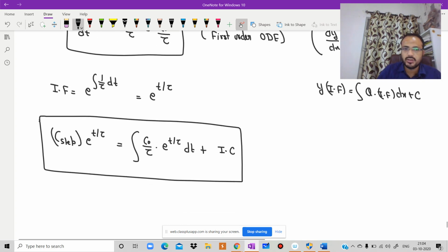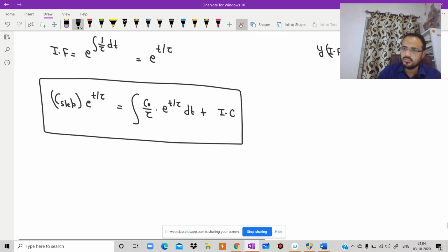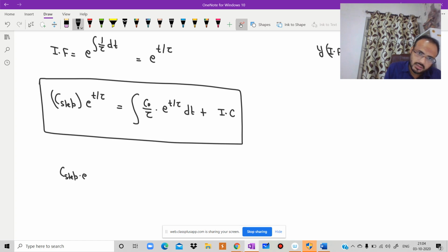I hope up to this point there should be no doubt. Yes or no? Very good. Now you can write it like this: C step into e to the power t by tau is equal to C node, again constant.